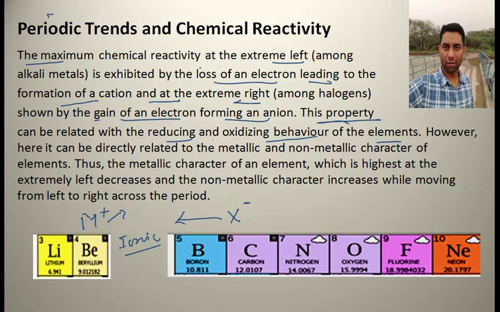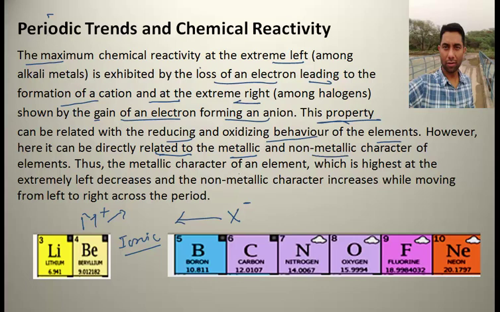Dear students, reducing and oxidizing nature is related with the tendency to release electrons, and thereby the species itself gets oxidized. The other species which has gained electrons gets reduced. This property we will discuss later, but right now we will relate it with metallic and non-metallic character. So these properties can be related to the metallic and non-metallic character of the elements.